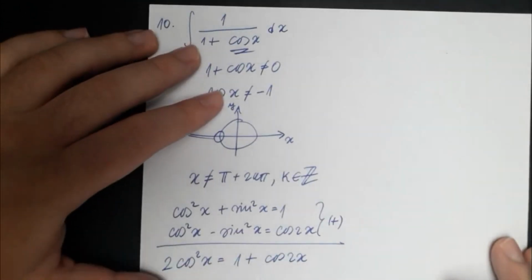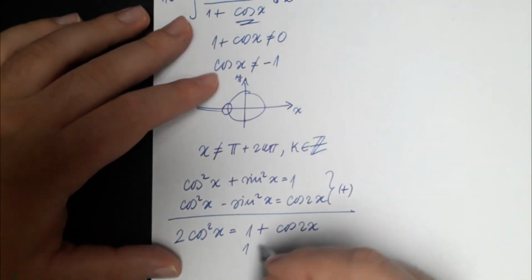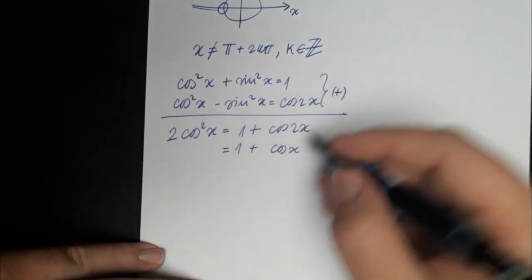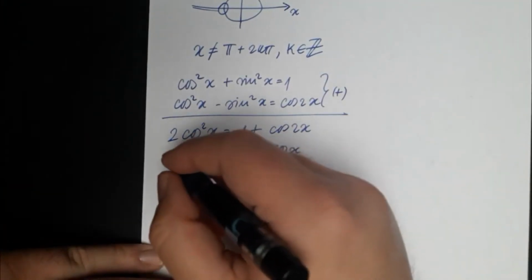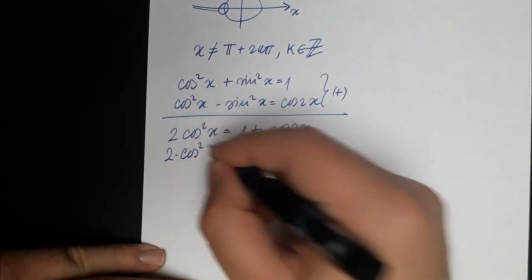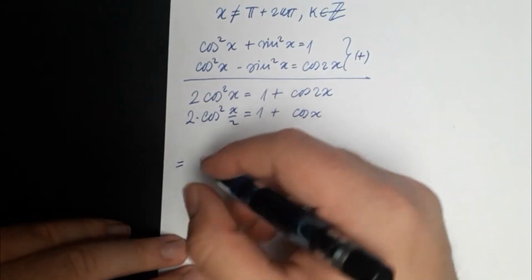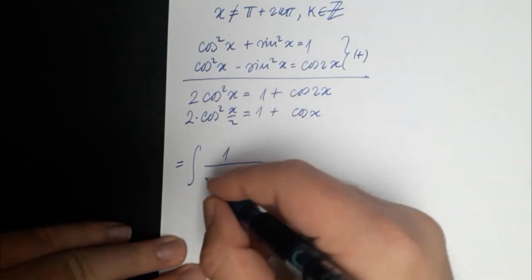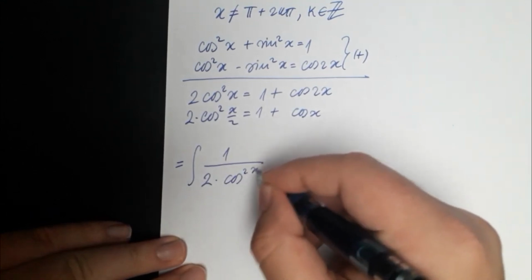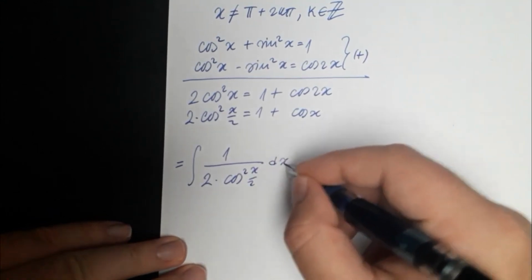We have 1 plus cosine x in our integral, so when we apply that into this equation which we just got, it is going to give us 2 times cosine squared of x half. So our beginning integral becomes an integral of 1 divided by 2 times cosine squared x half dx.